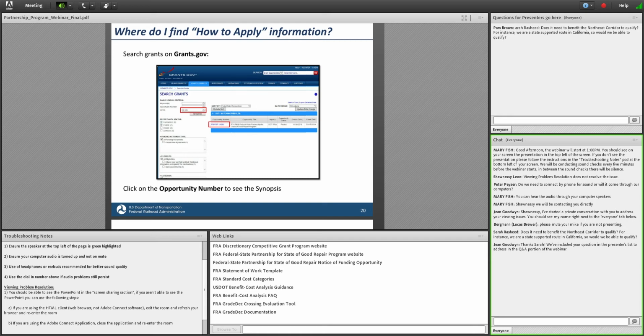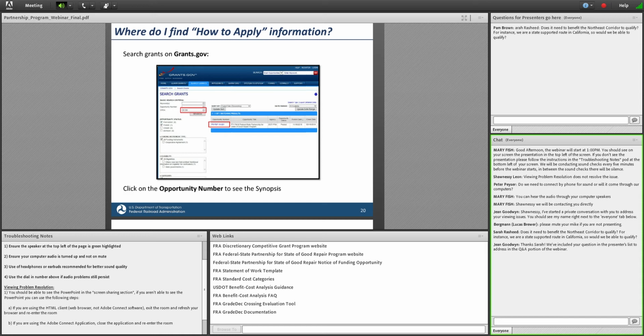We do not accept hard copy applications, nor applications that are emailed to us. So you need to ensure that you submit your application on grants.gov. So a way to find the particular partnership grant information, you can do that by typing in the CFDA number 20.326, and it'll lead you right to that information.